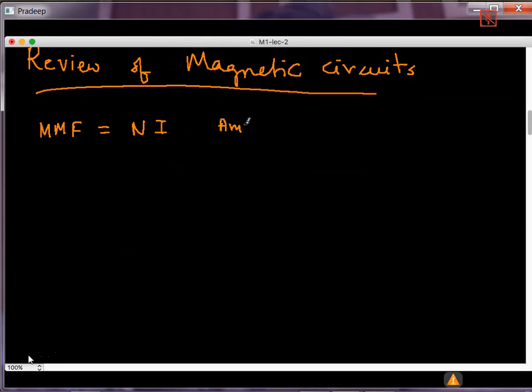In fact, we had done this in the last class, so I'll not explain further, except that ampere turns can be denoted by the symbol F also. N is the number of turns in a coil, and I is the current in the coil.